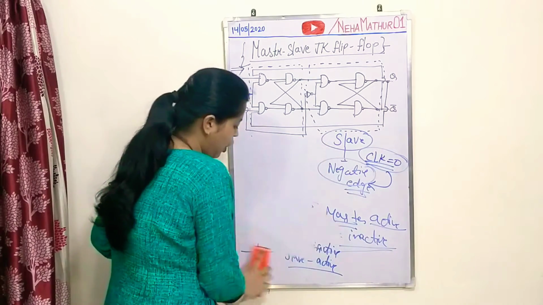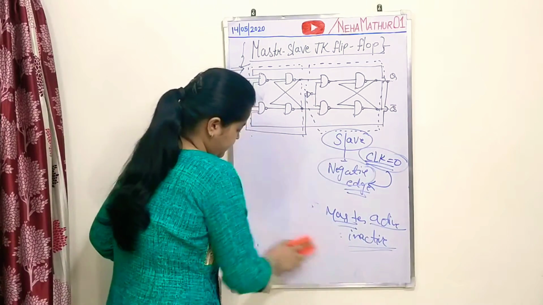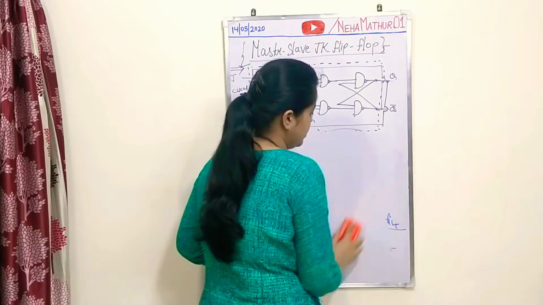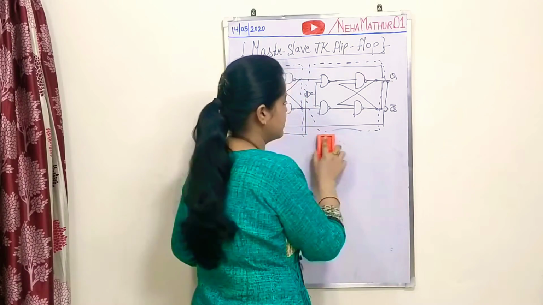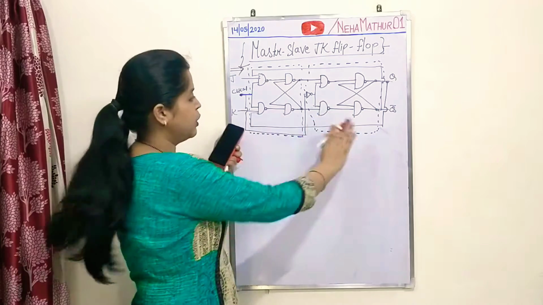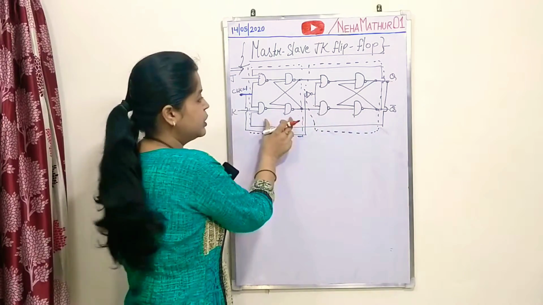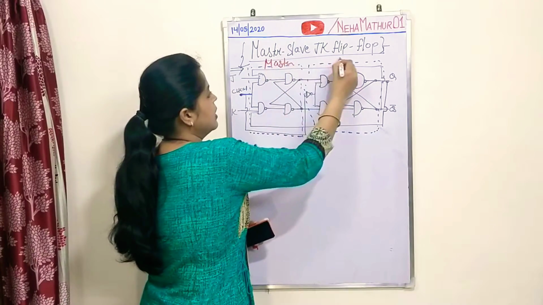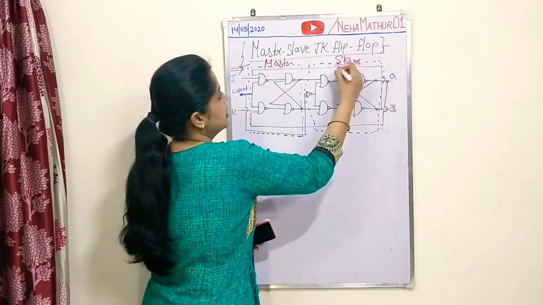So now we will discuss its operation, how actually this circuit works. The circuit of your master slave flip flop is ready with these two circuits. The front one is the master and the back side circuit is your slave.